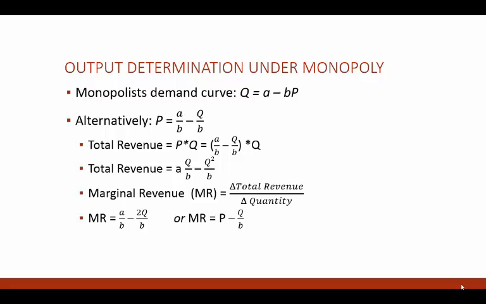Thus, if I assume that the monopolist has a linear demand curve of the form Q = A - BP, where Q is her output, P is the price she sells each unit at, A is the intercept, and B is the slope of the demand curve, then with a little algebraic manipulation, we can compute her total revenue and her marginal revenue functions. As shown, for a linear demand curve, the marginal revenue function is always twice as steep as the demand curve.